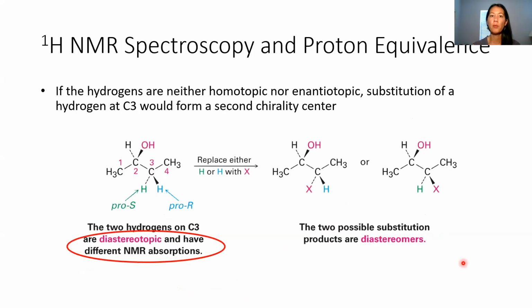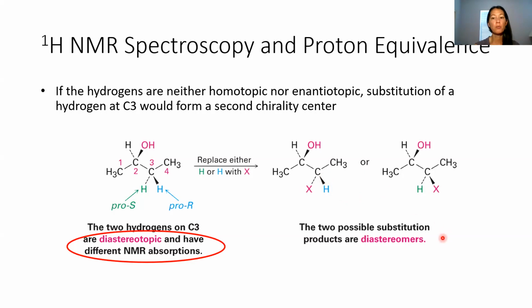However, if there is a chiral center in the molecule already, like in this one with the OH forward, and I replace each of these H's, they are in different environments because they experience a different environment relative to this OH forward. So if I replace either of these with an X or a Cl, these create a new chiral center.